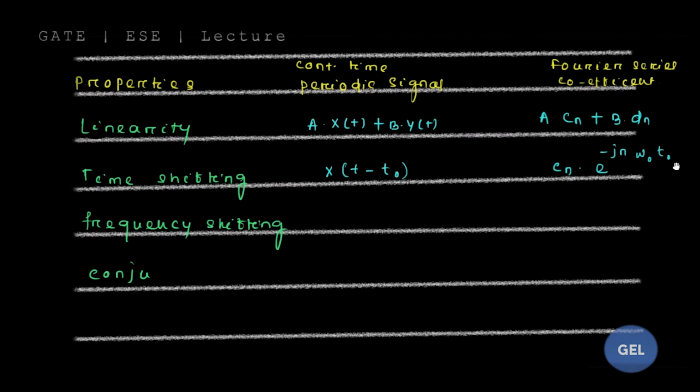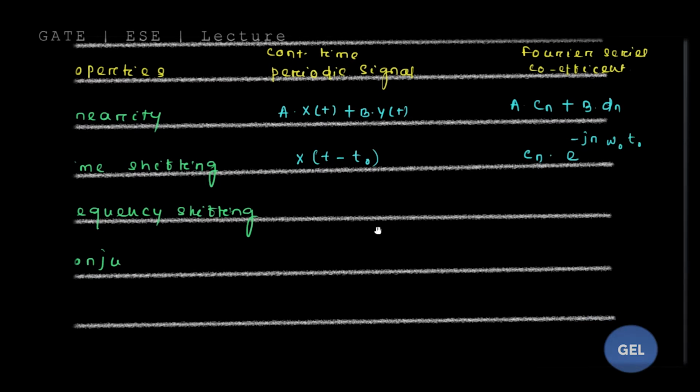Clear? This term will come here. If it is x of t plus t naught, then here it becomes minus t naught.